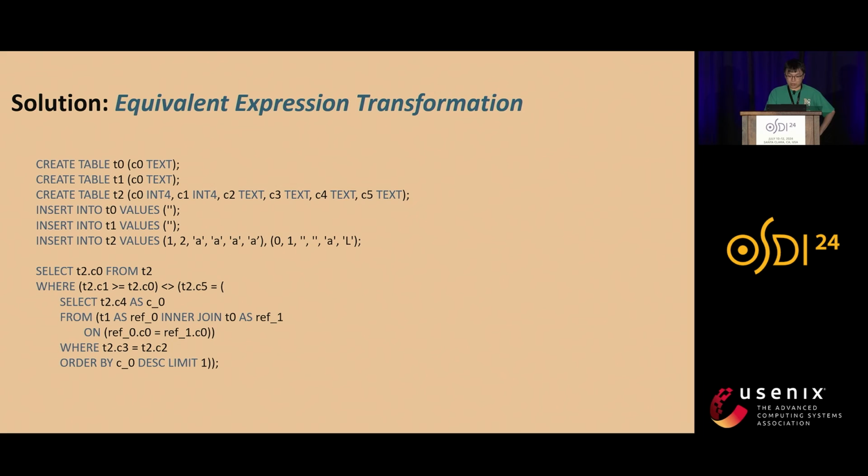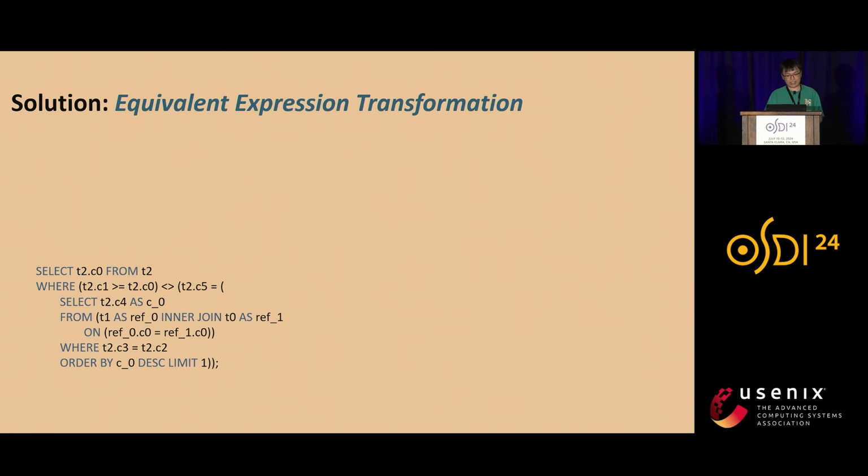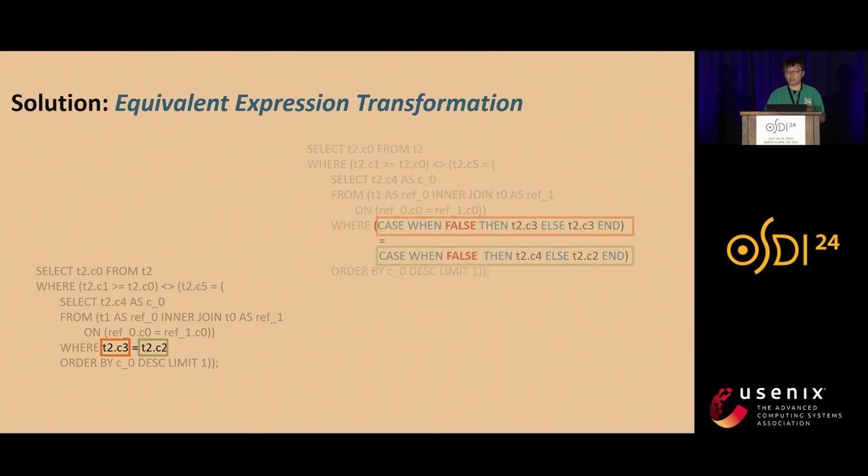So talk is so abstract. Let's practice a bit. Given this query, we focus on this select, and further, we focus on these two expressions. We first transform it to two case expressions with a false branch condition.